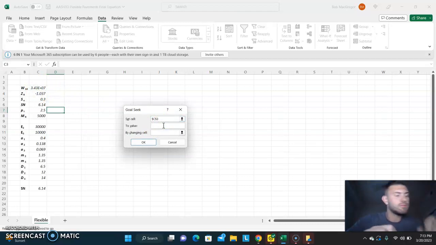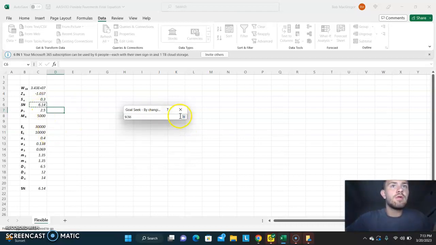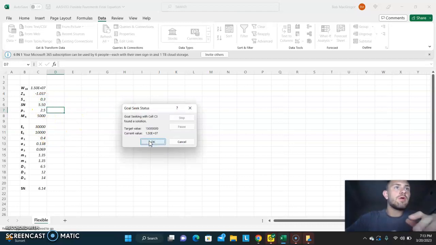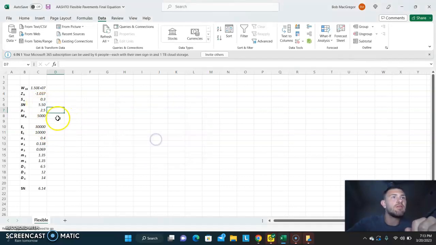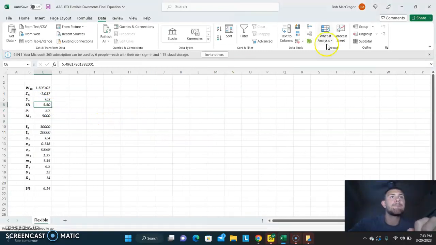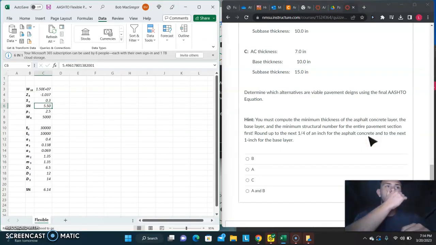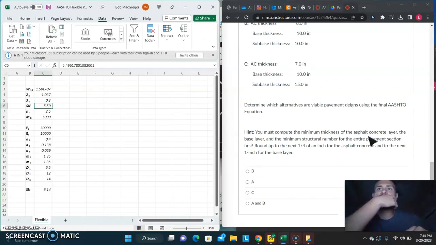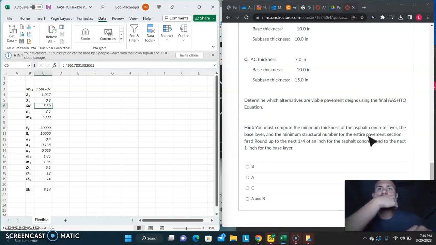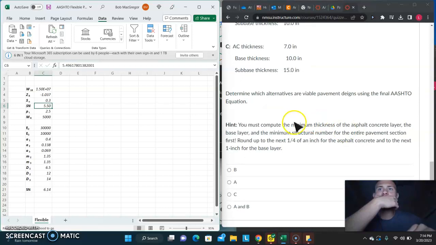So the minimum structural number is 5.5. The minimum thickness, I think, is 4 inches from what I saw earlier.